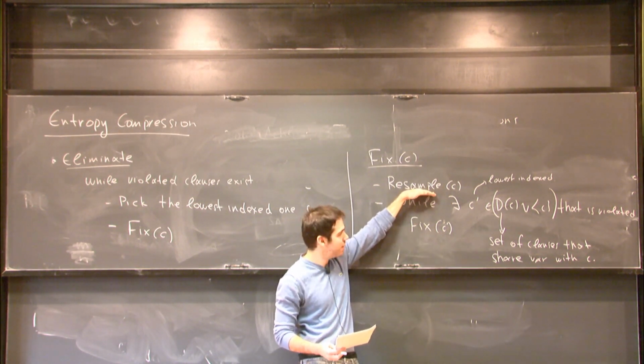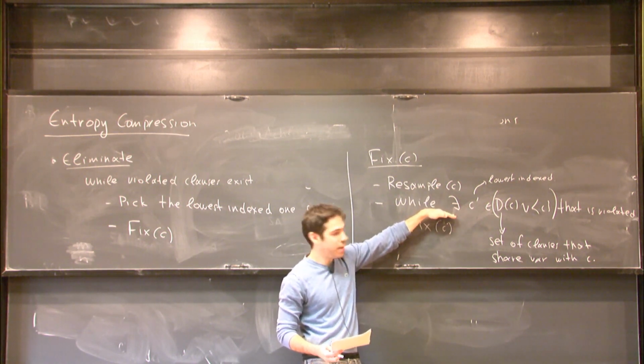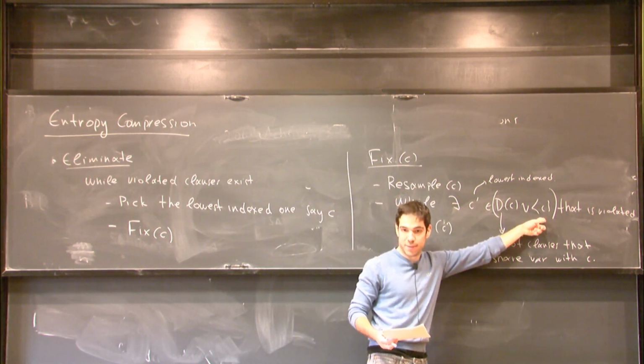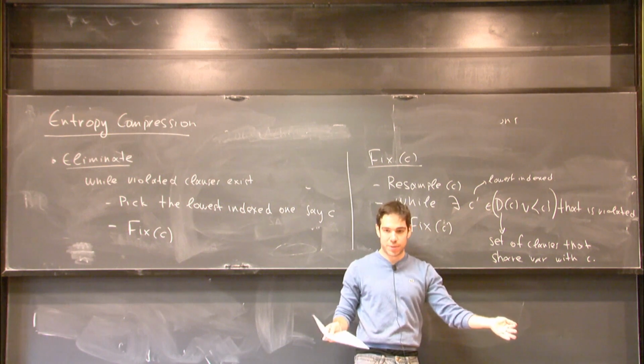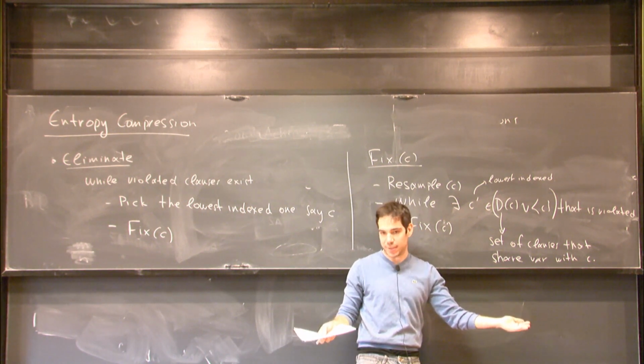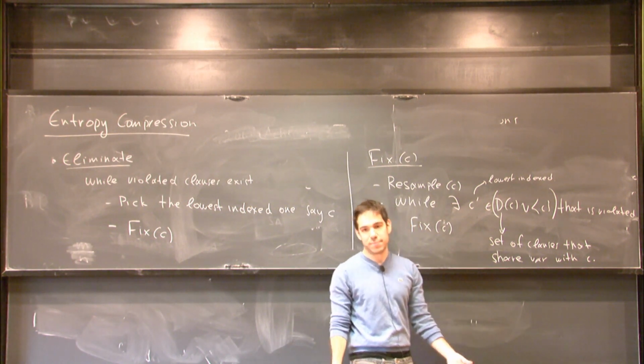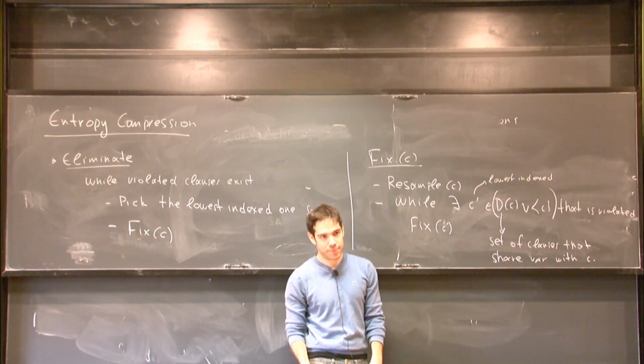No matter what you get, you look at the neighborhood, which includes C, and you take the lowest index one there. It might not be C. You still didn't fix C, but you just pick a different one.